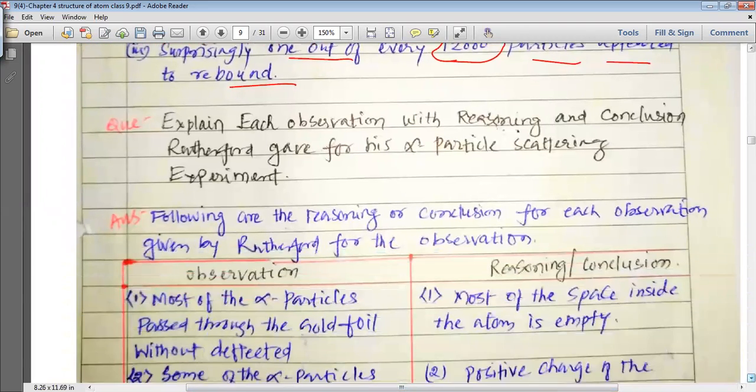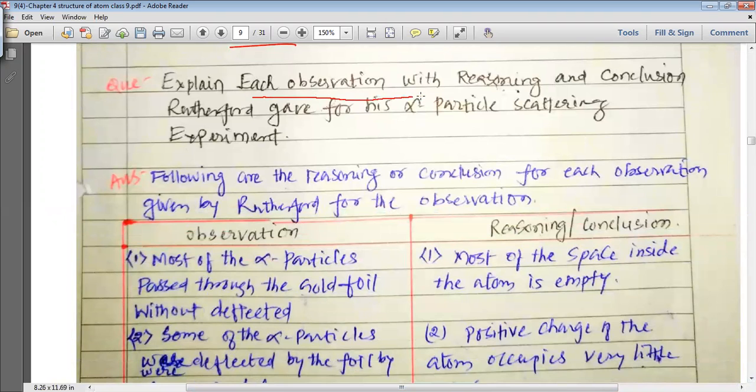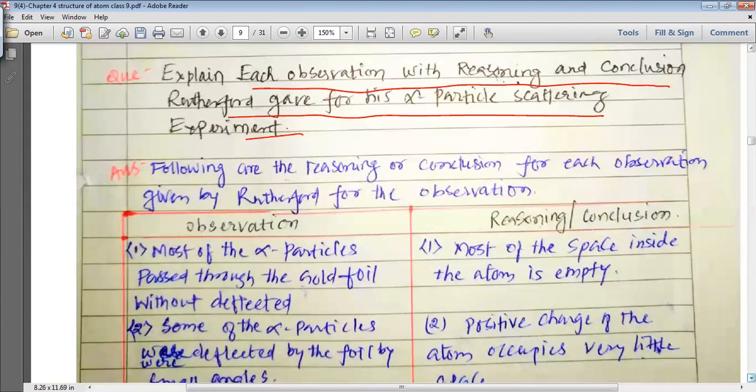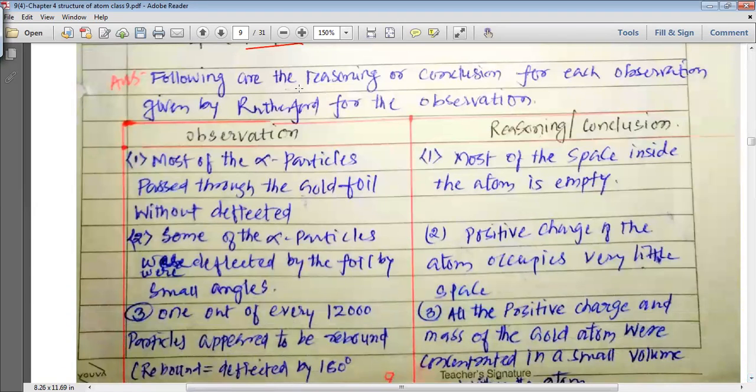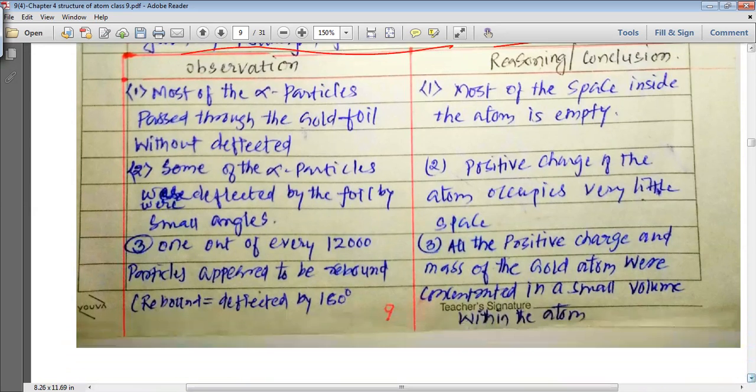Let's look at the next question. Explain each observation with reasoning and conclusion for Rutherford's alpha particle scattering experiment. So now, following are the reasoning or conclusion for each observation given by Rutherford. This reasoning or conclusion means, what do we understand from this observation?